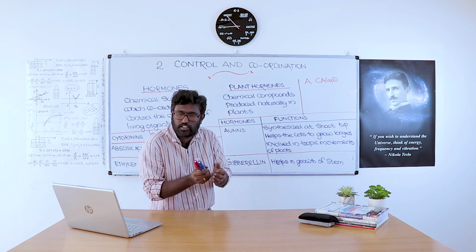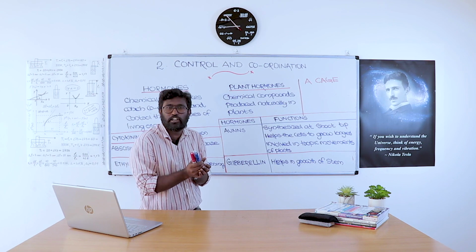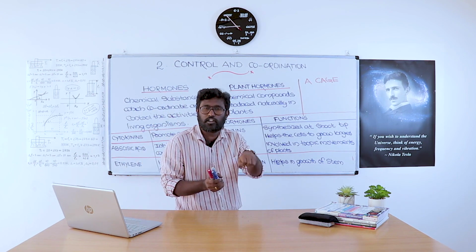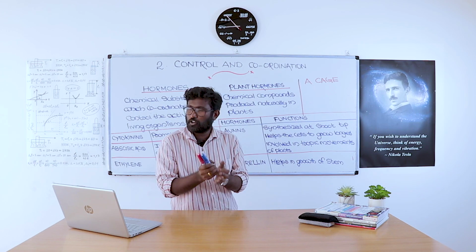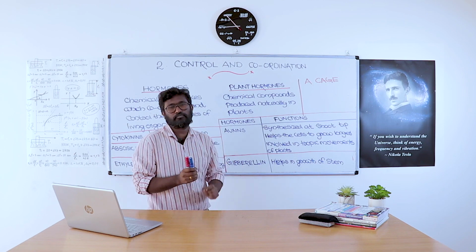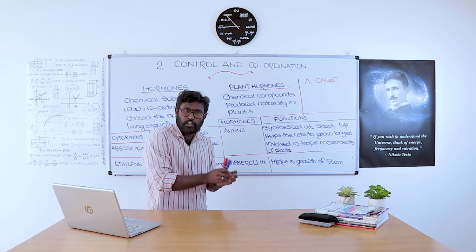So the activities of living organisms are coordinated and controlled by some chemical substances, and those chemical substances are called hormones.